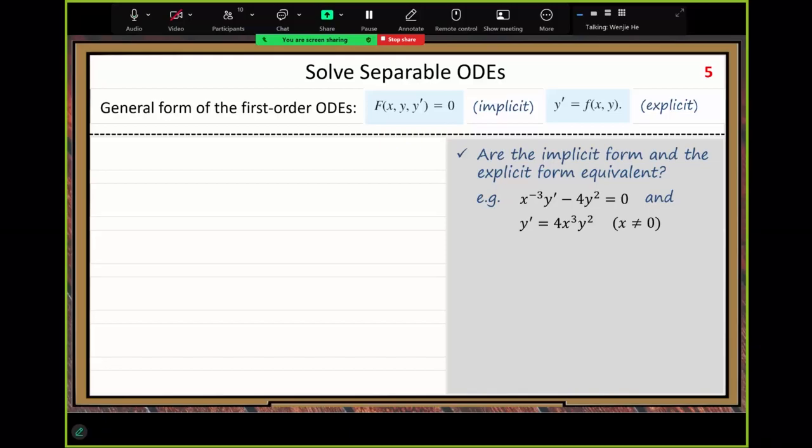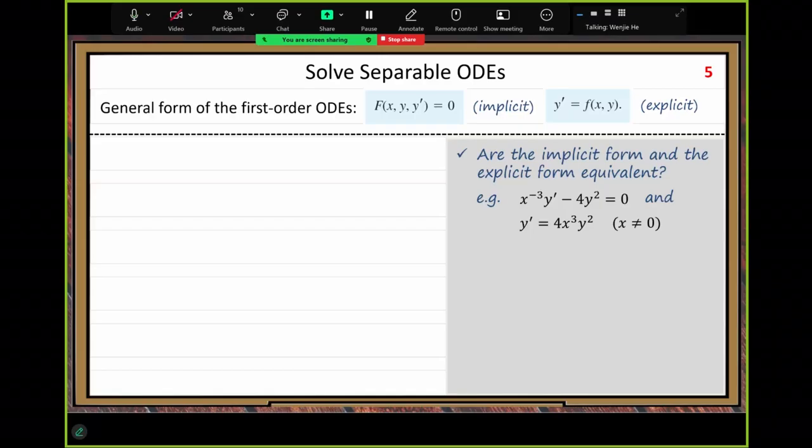The first one does not allow x to be 0, the second one allows it, which means not equivalent. So we have to add the extra condition, x is not equal to 0. Then they are equivalent. That's the meaning.